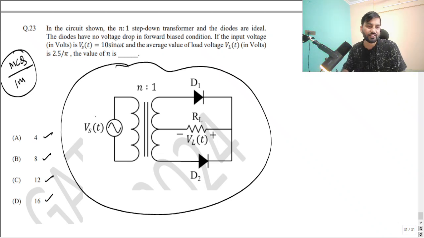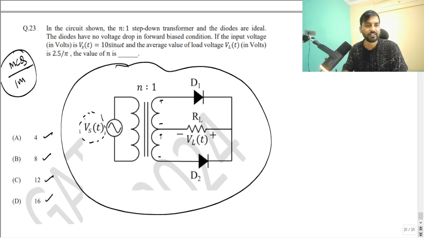First of all, as this is a center tapped full wave rectifier, you can see here, as long as you are applying this input here, what will be the drop across this secondary winding?